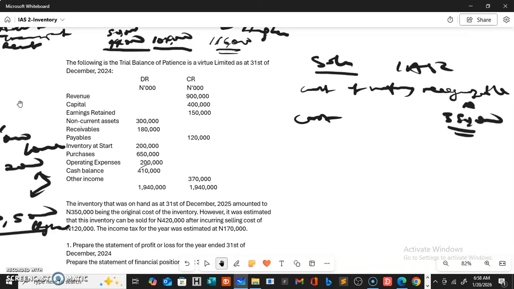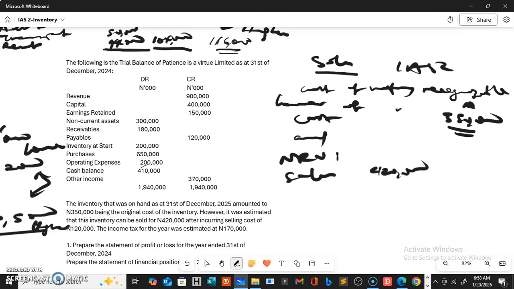We take the lower of cost and the NRV, that is the sales. We are told that the sales is 420,000 naira, less cost to sell, selling cost of 120,000.